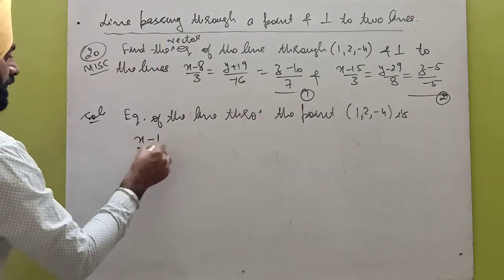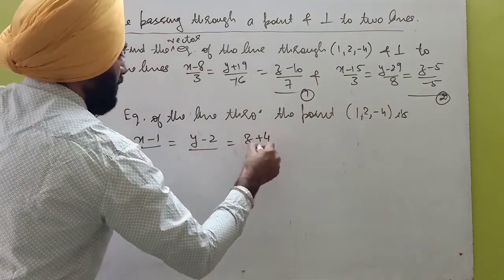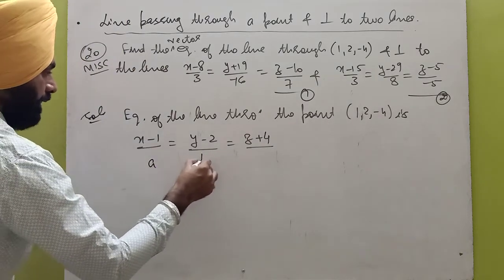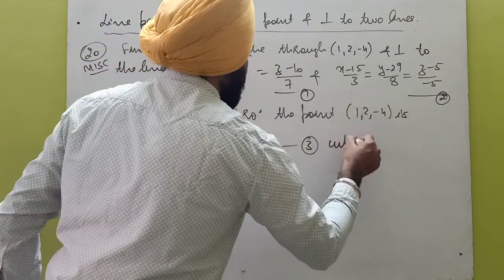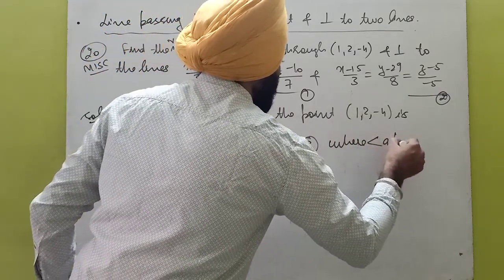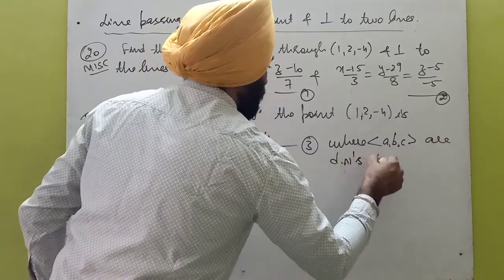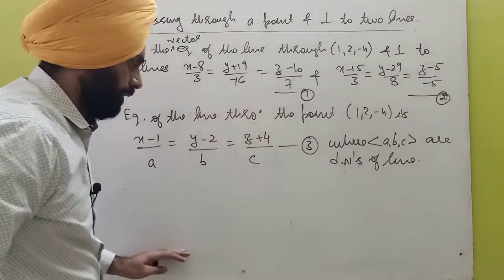So the equation is x minus x1 is equal to y minus y1 is equal to z minus z1, divided by direction numbers, which are missing. So let us take A, B and C. Number 3 equation, where A, B, C are direction numbers of the line.